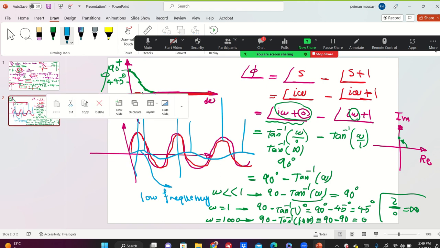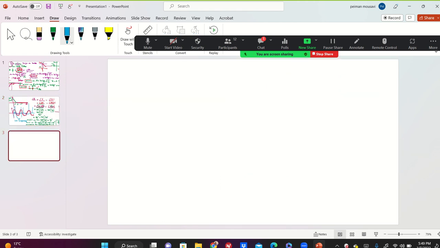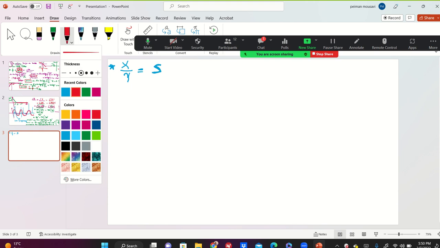Okay. So I will go to MATLAB and I'm going to plot it for the high pass filter. Now let me say output over input is this S. What's the name of S I taught you a million times, by Laplace transform?